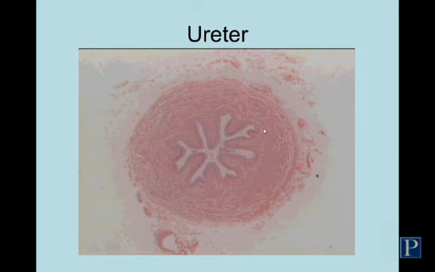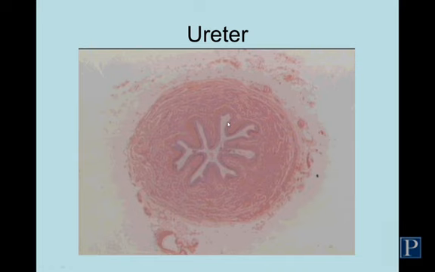This is a cross section of the ureter, which is the thick muscular walled tube that brings urine produced from the kidneys and drains it and brings it to the bladder, where it's stored until urination. The ureter, we're not going to go over detailed histology of the wall of the ureter as we have with some tissues. Basically, just be able to identify it.